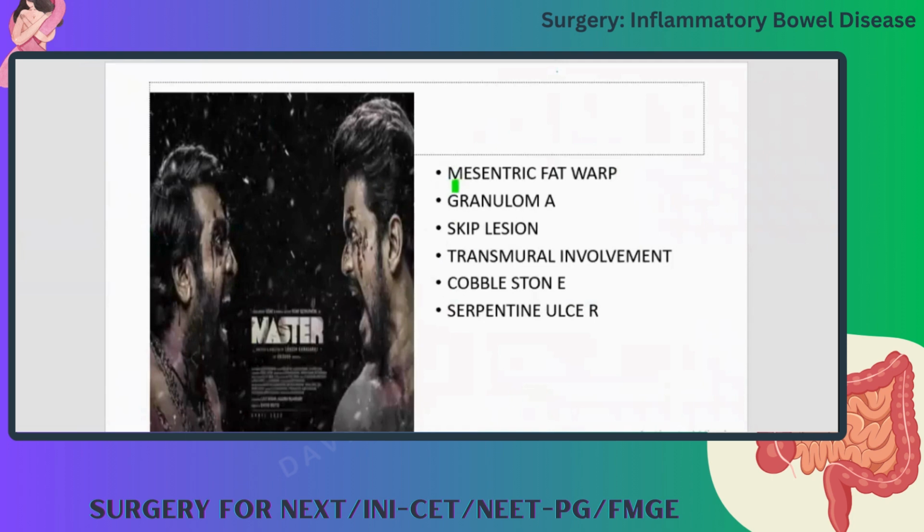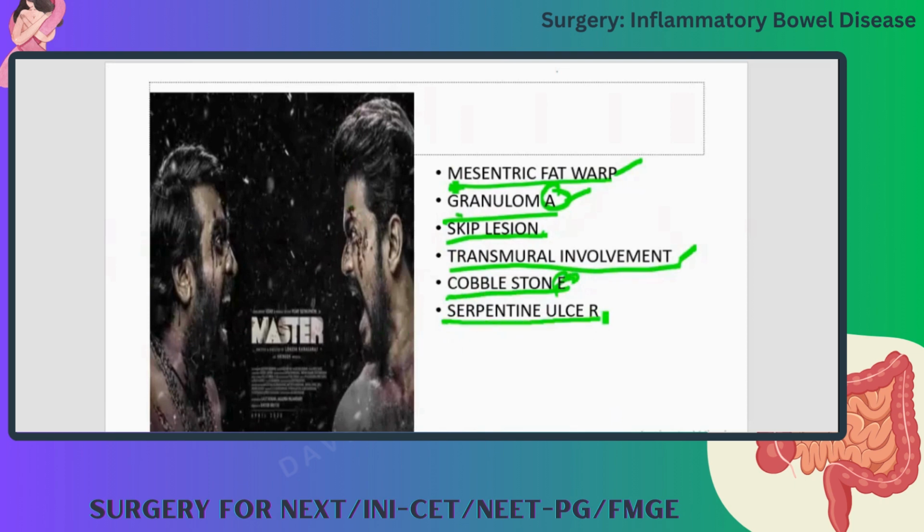To remember, use this mnemonic. See here, M is mesenteric fat wrapping, A is granuloma, S is skip lesion, T is transmural involvement, C is cobblestone, and R is serpentine ulcer.